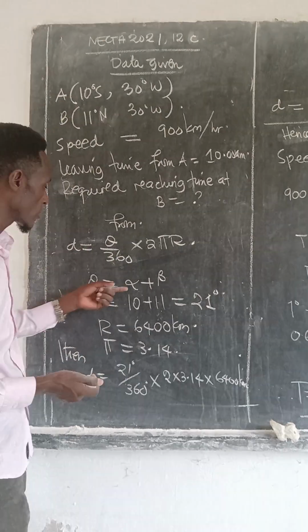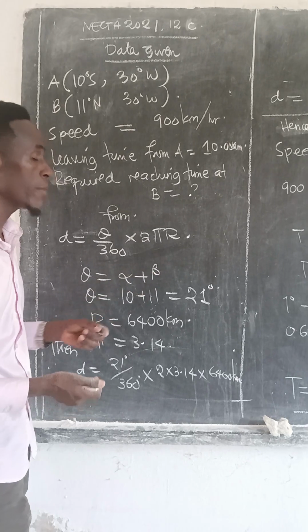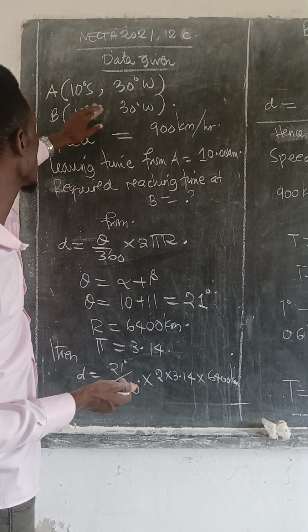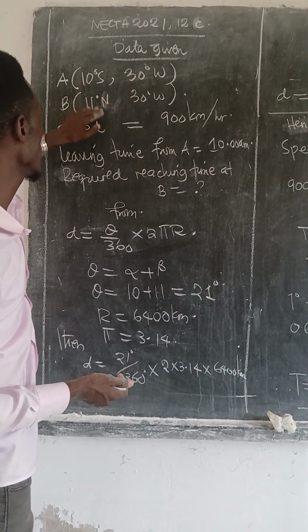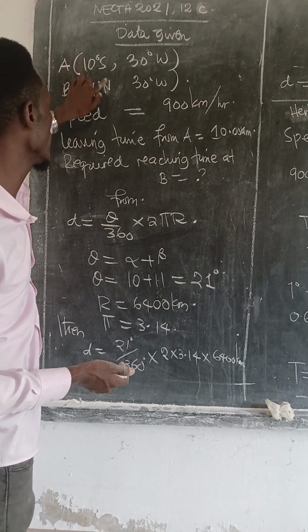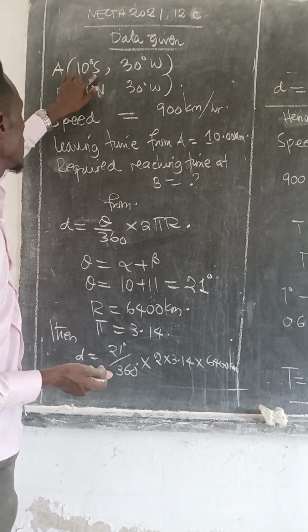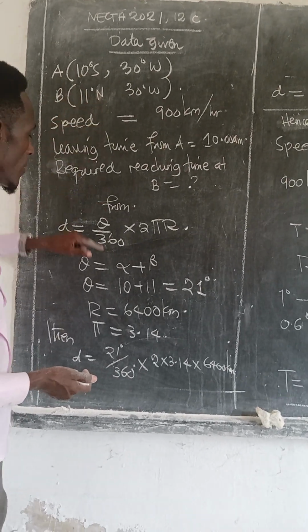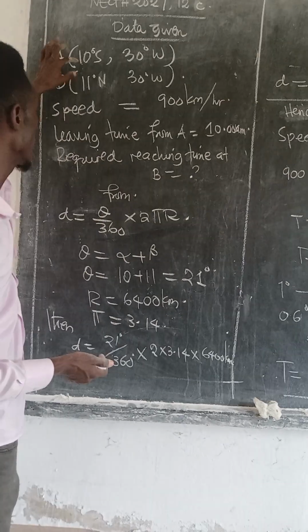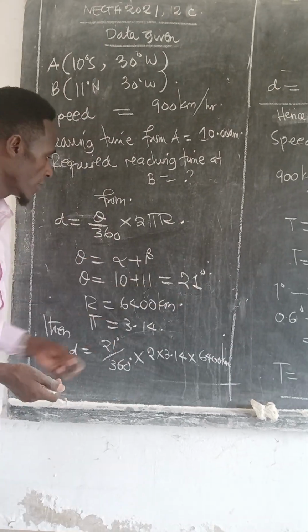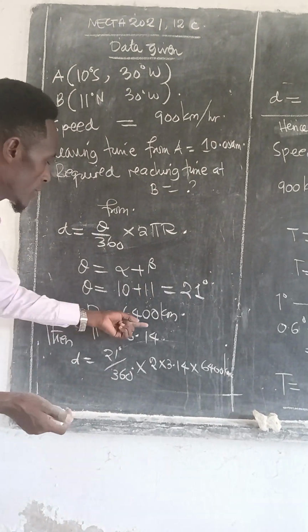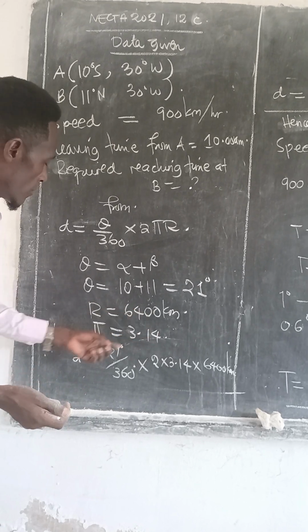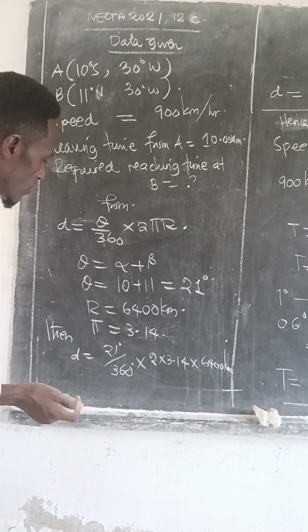So theta is equal to alpha plus beta. These are in different directions, and when they are in different directions, you just add them: 10 plus 11 gives 21. The radius is 6,400 km and pi is 3.14.